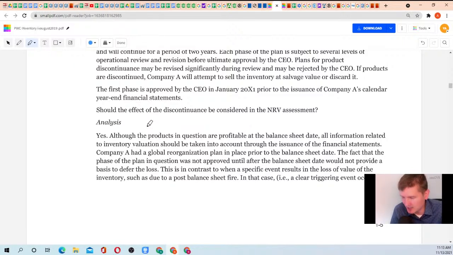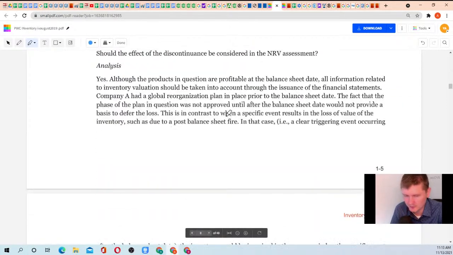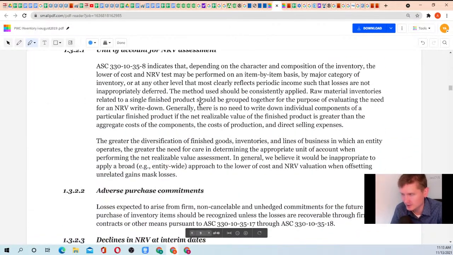Had we issued our financials earlier, like in January, we would probably have a different inventory value for coal at December 31st previous year than if we issued financials in May. So that's what subsequent events can do for your inventory valuation.